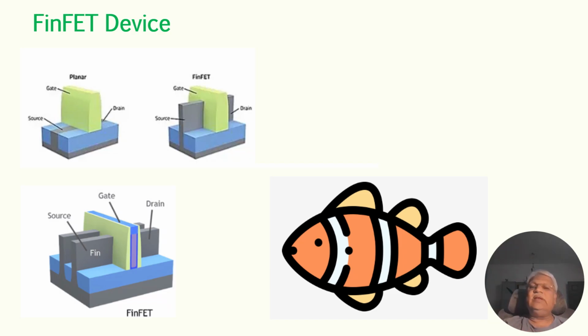And this happens because we are employing extreme ultraviolet lithography tools, which are so costly. So we will find that all these things are happening with the FinFET technology, and we are seeing the benefits of that.